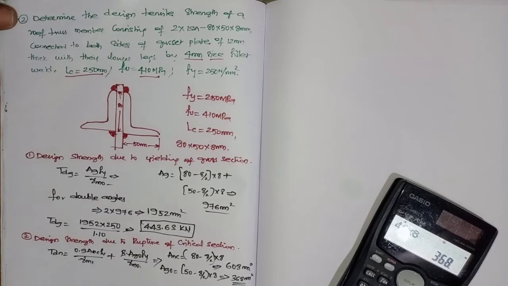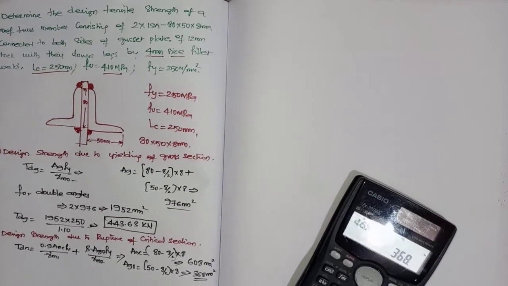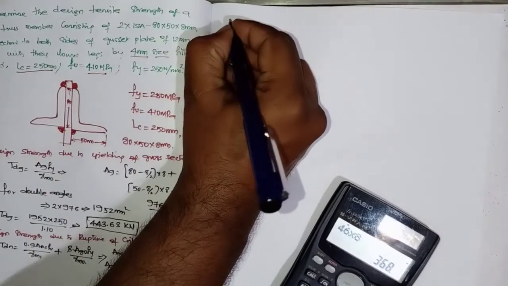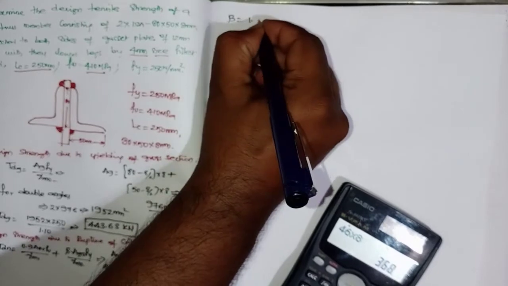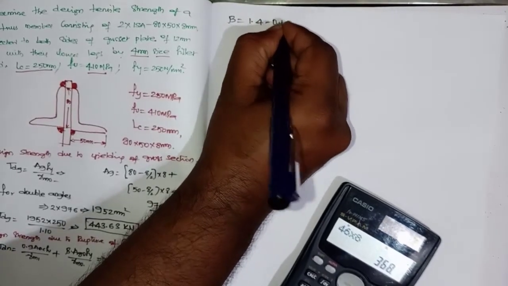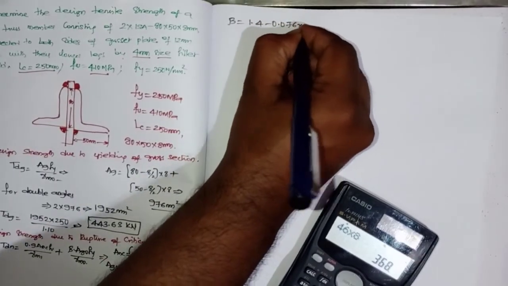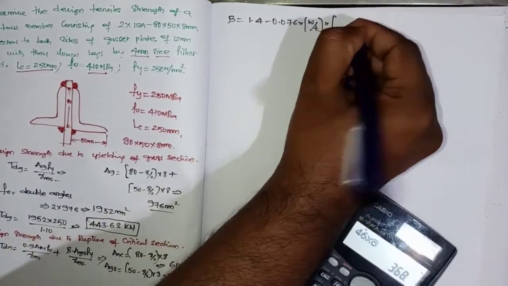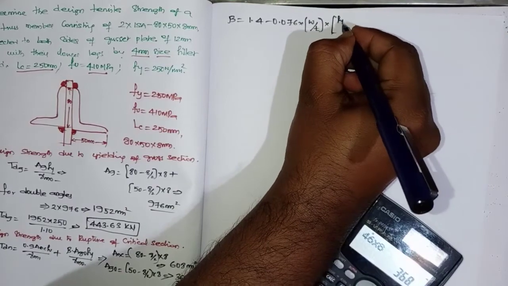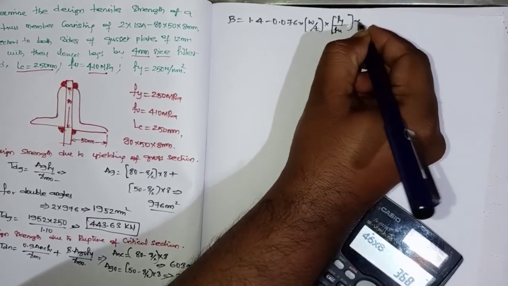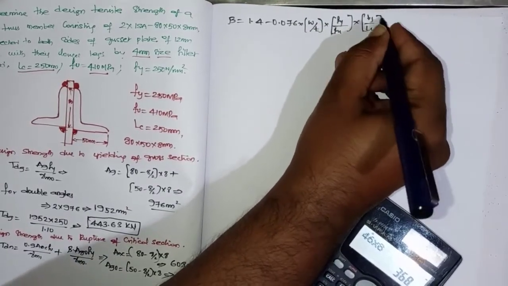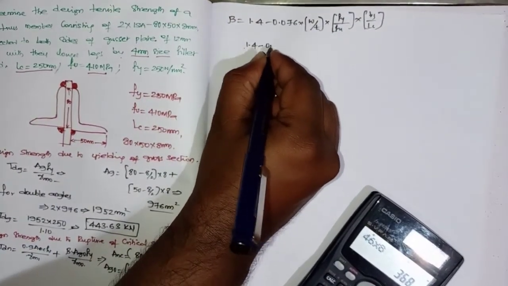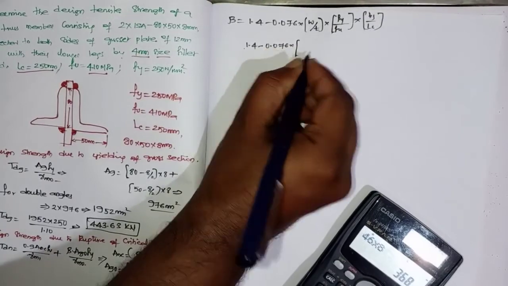So for beta, what is our formula? 1.4 minus 0.076 into w by t into Fy by Fu into Bs by Lc. Now, 1.4 minus 0.076, what is w?